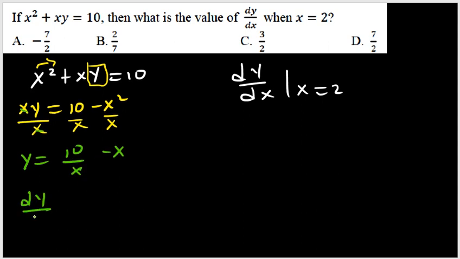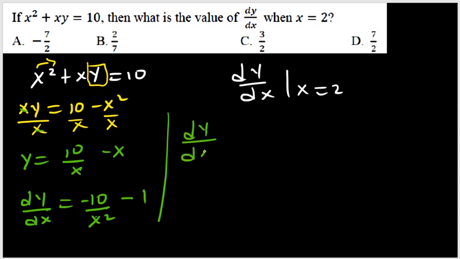So dy by dx will be negative 10 over x squared, because the derivative of 1 over x is negative 1 over x squared. The 10 is a constant, so minus 1. Therefore dy by dx at x equal to 2 means I'm going to insert the 2 in place of x, so negative 10 over 2 squared minus 1.